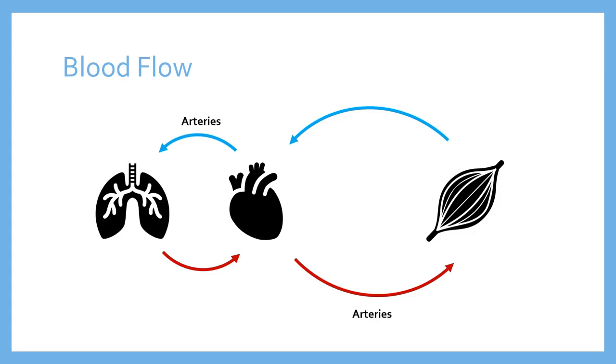But that's not actually the definition of an artery. An artery is simply a vessel that is moving away from the heart. And you can see that clearly on the diagram. The arrows that I've labelled as arteries are clearly going away from the heart. And I remember it by the fact that arteries begins with the letter A, as does the word away. That may help, I don't know.